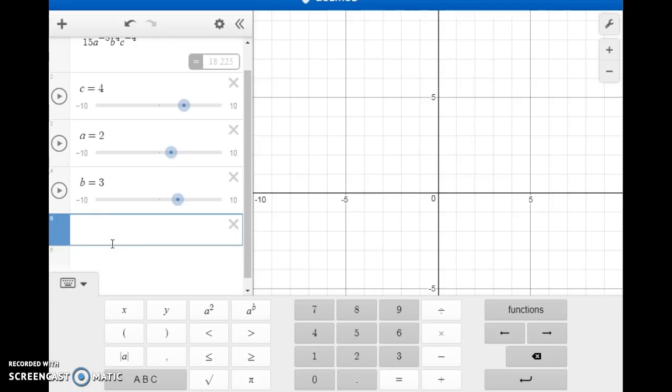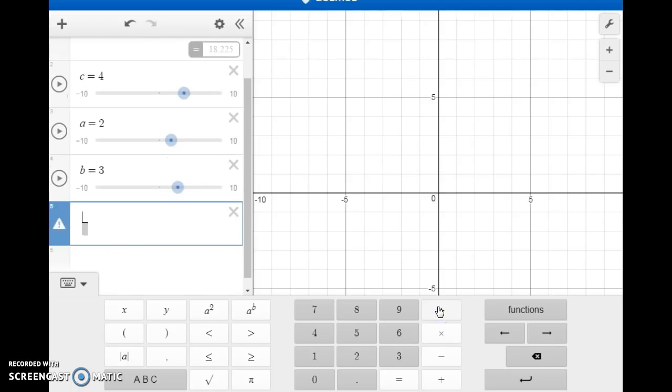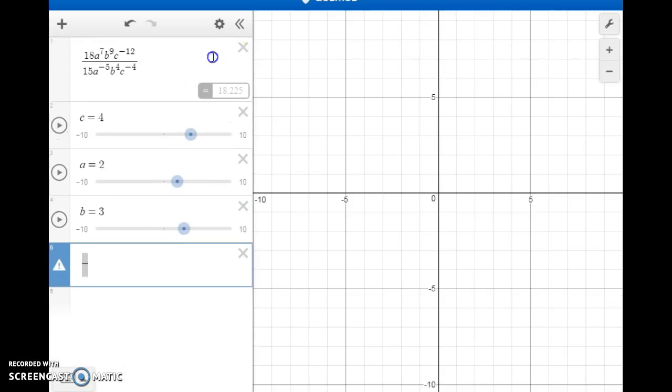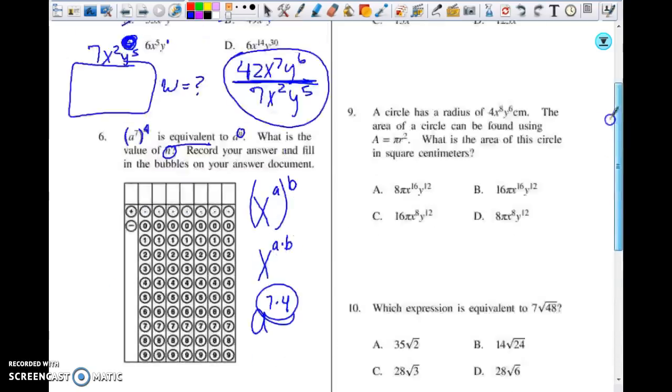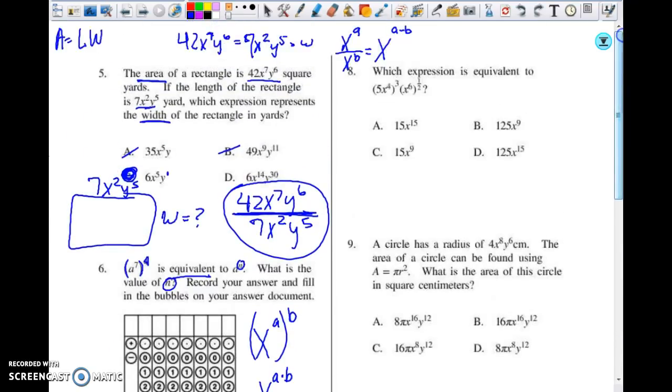So you could type in B and D and see which one gives it. So type it in there and it has to give you that number. And it will if it's equivalent, if they're equal. And that's the trick to do exponents in the calculator. All right, real briefly, I'll try to do the other questions in the other video.